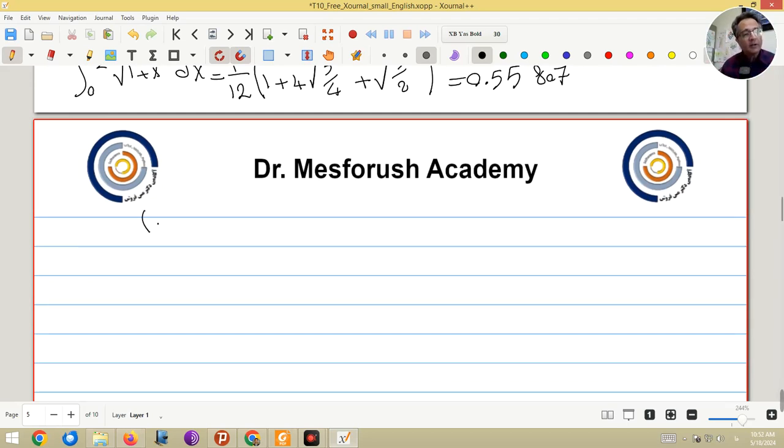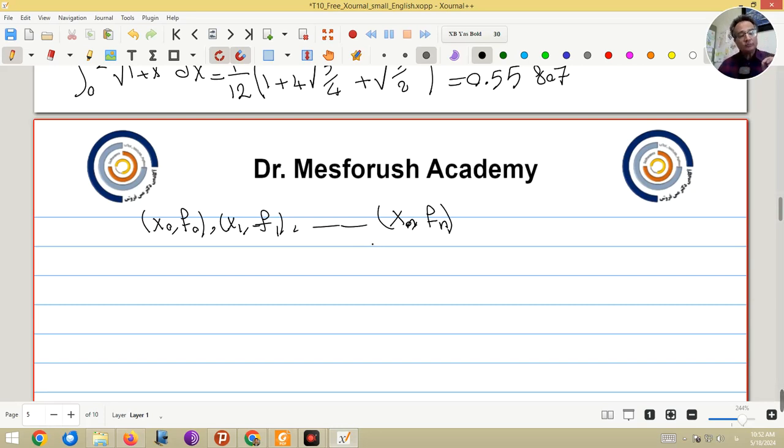For example, you consider x0, f0, and x1, f1, and finally we get xn, fn. In these cases, the formula should be accurate up to order n.